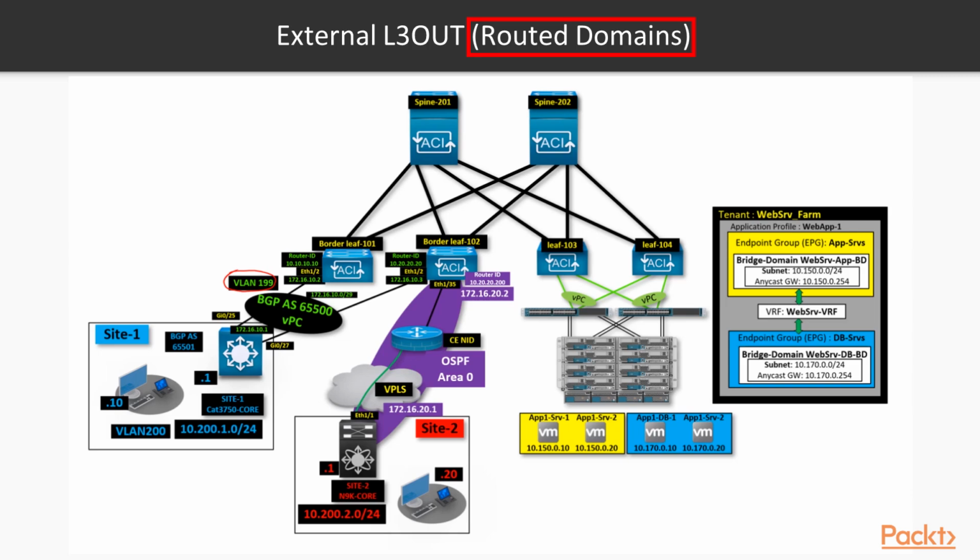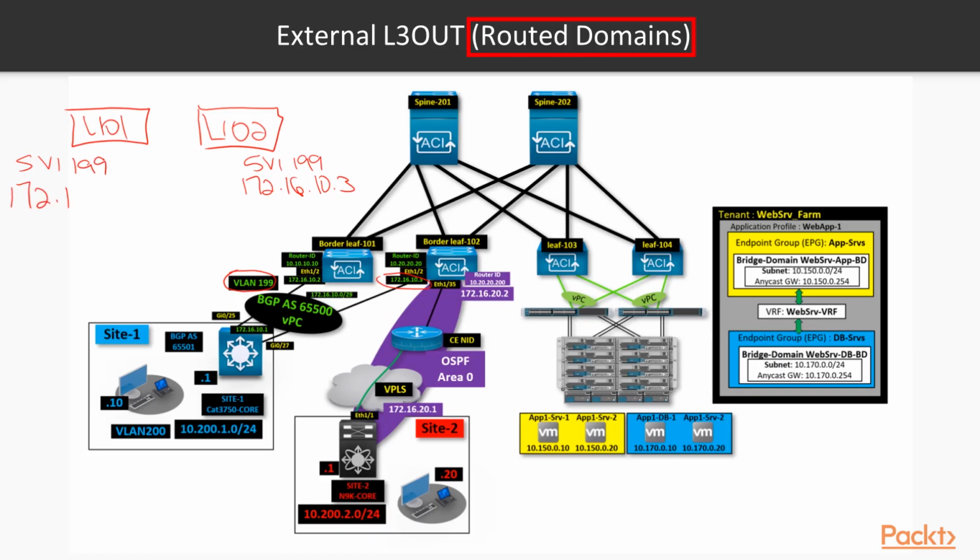Leaf 101 and leaf 102 will have an SVI on VLAN 199, and the IP for leaf 102 will be 172.16.10.3, and the same SVI on VLAN 199 for leaf 101 will be 172.16.10.2.